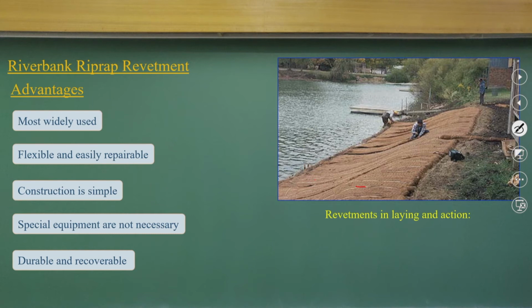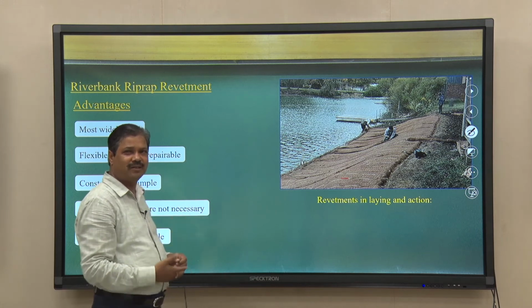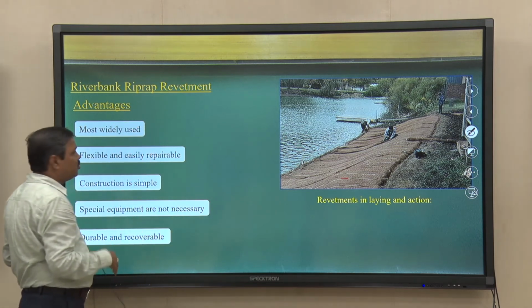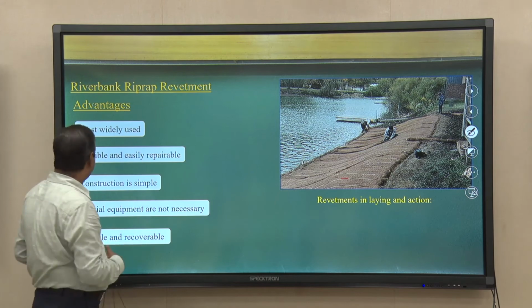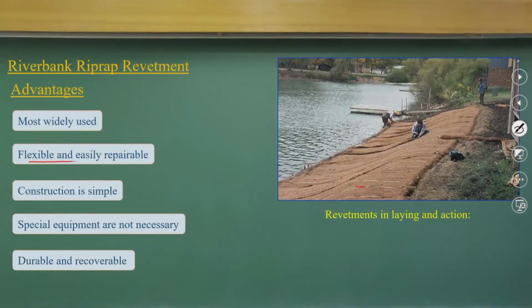So, there is not a single solution of river protection for all the rivers. That is the reason we should look at the advantages and disadvantages, because it should be flexible, construction should be simple, special equipment should not be necessary, and it should be durable and recoverable.